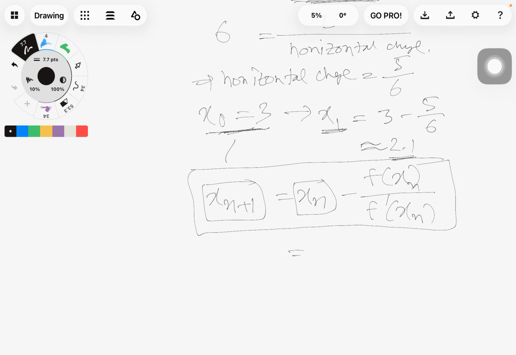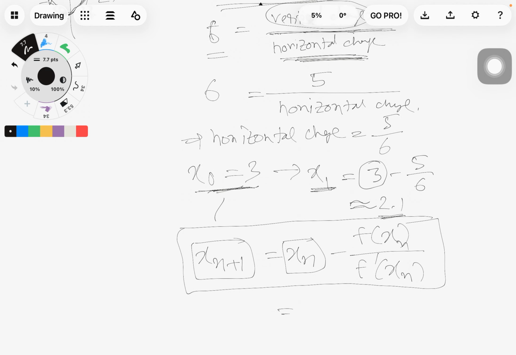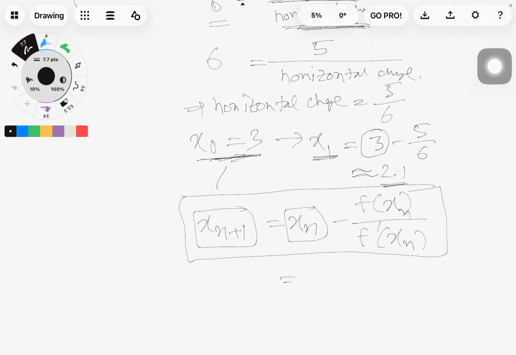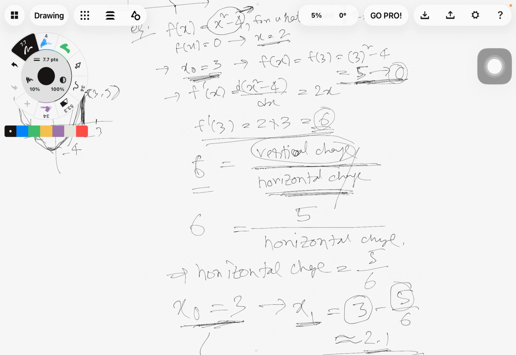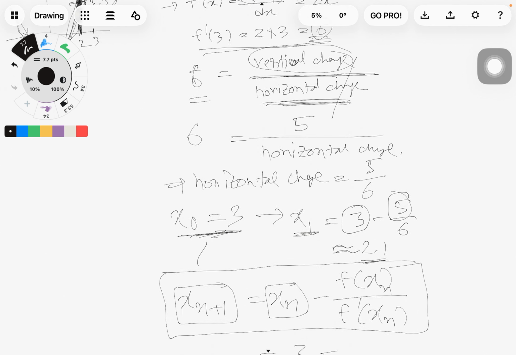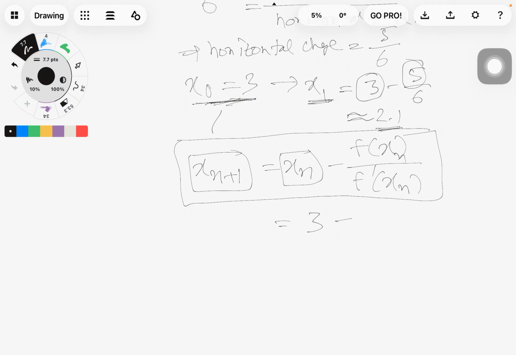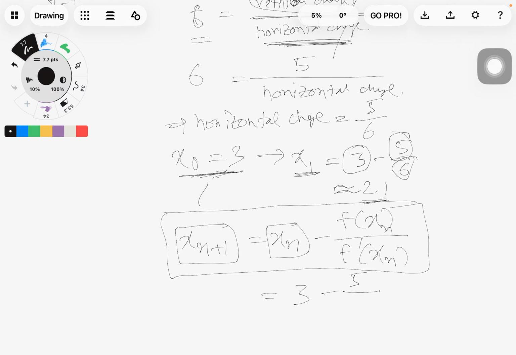What did you do here? This 3, what is this 3? This 3 is your original value that you took in the beginning. So that's your x. And what is this 5? This 5 is nothing but the function value that you got after you put x equals 3. So that's how you got 5. And what is this f dash (xn)? That means what is this 6?